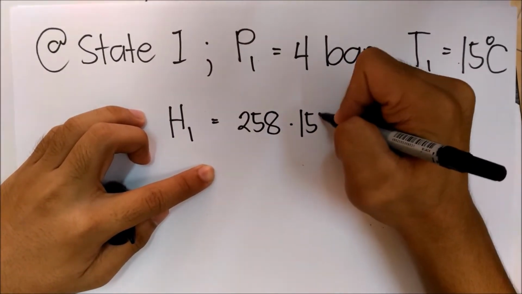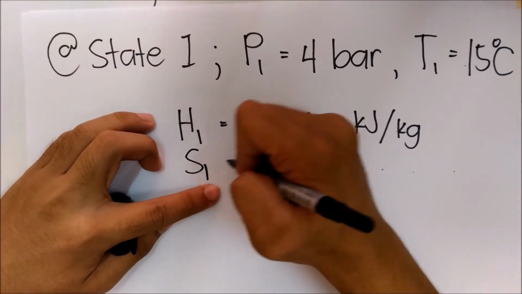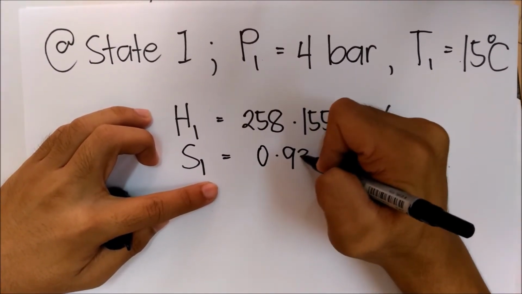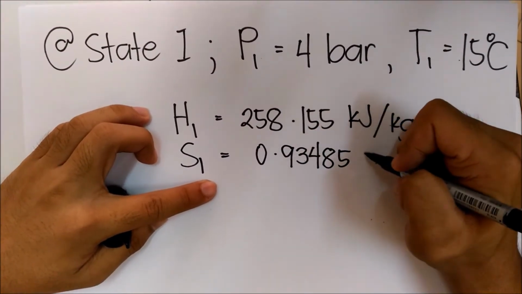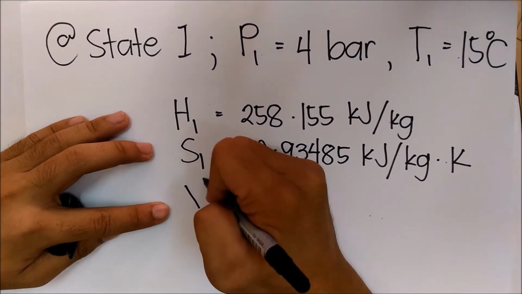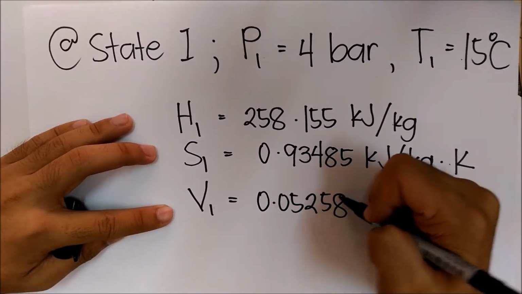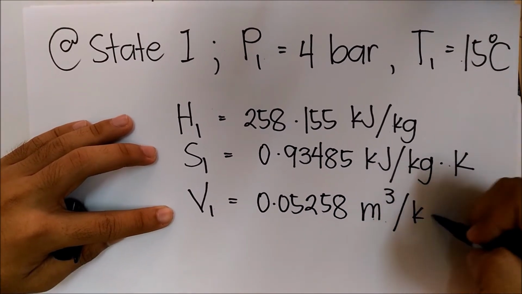Enthalpy 1 is equal to 258.155 kilojoule per kilogram. Entropy 1 is equal to 0.93485 kilojoule per kilogram Kelvin. And for the volume per kilogram, 0.05258 meter cube per kilogram.